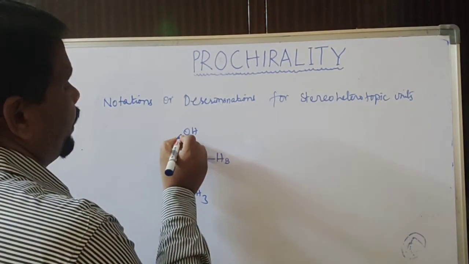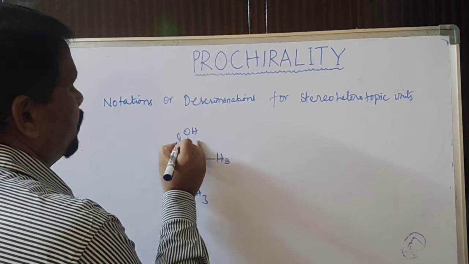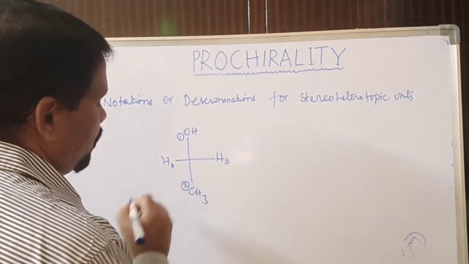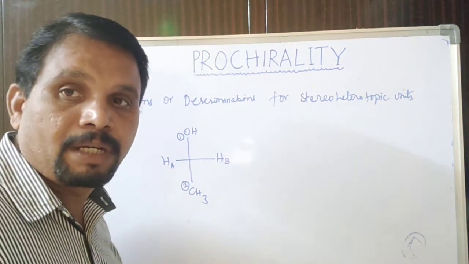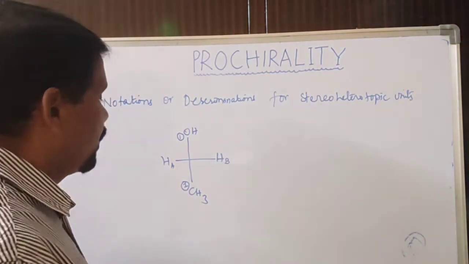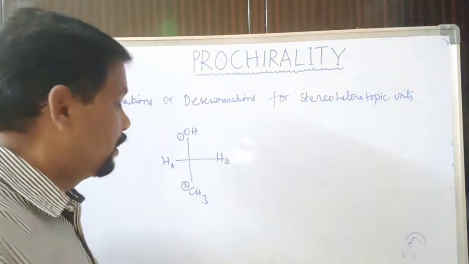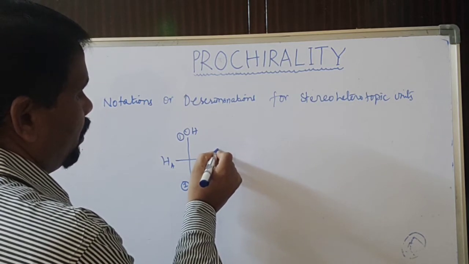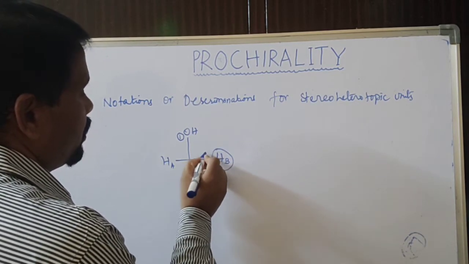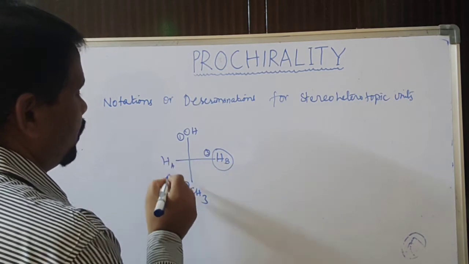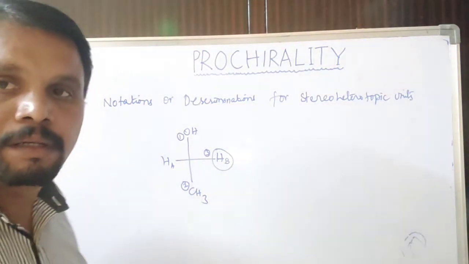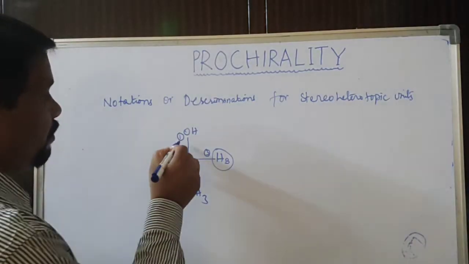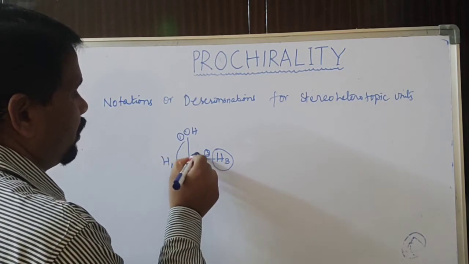Oxygen has the higher atomic number, therefore first priority. Carbon gets second priority because the carbon atomic number is more than hydrogen. And the third one is this atom. You can connect an arrow mark from first priority to third priority like this.